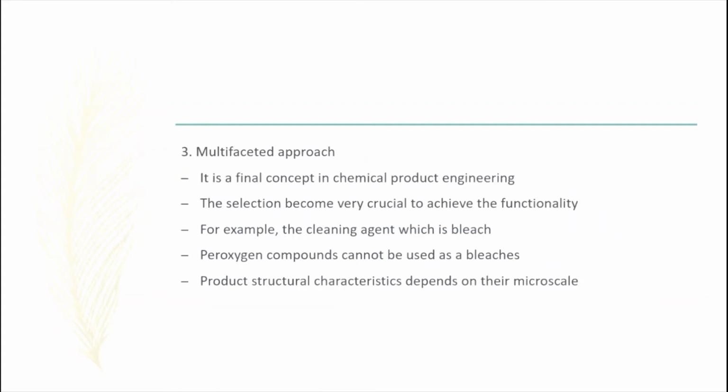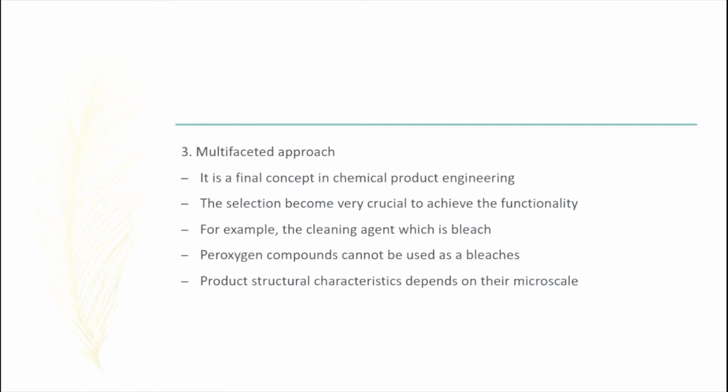The last procedure is a multifaceted approach. It is the final concept in chemical product engineering and becomes a complement of the chemical product pyramid and the integration of chemical product and process design. The selection of the product recipe at the molecular scale is very crucial to achieve the functionality. For example, the cleaning agent, which is bleach.